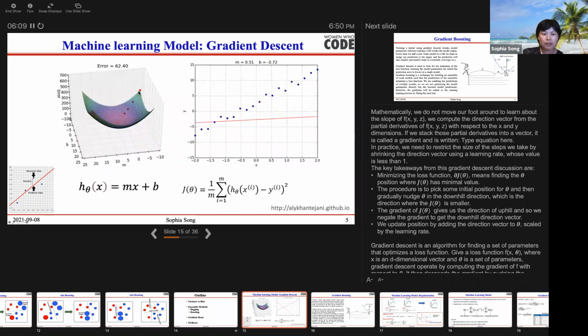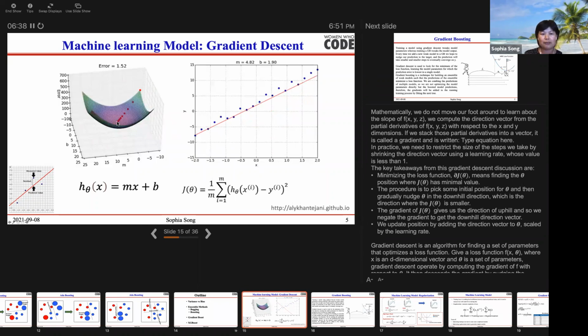If your step is too large, it's wiggling in this area and you cannot get to the optimized parameters. However, if you use very small baby steps, for example starting here, it will take a long time to get to the optimized point, this point, right? So that's the learning rate.